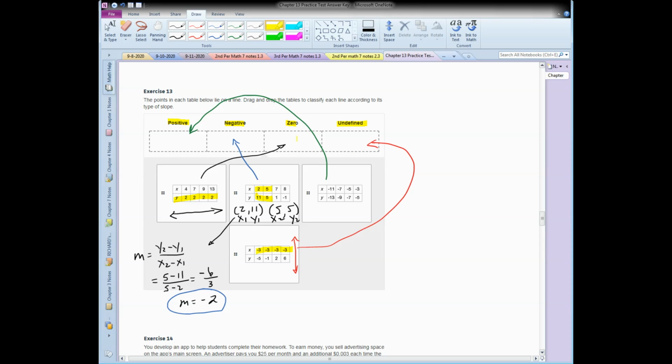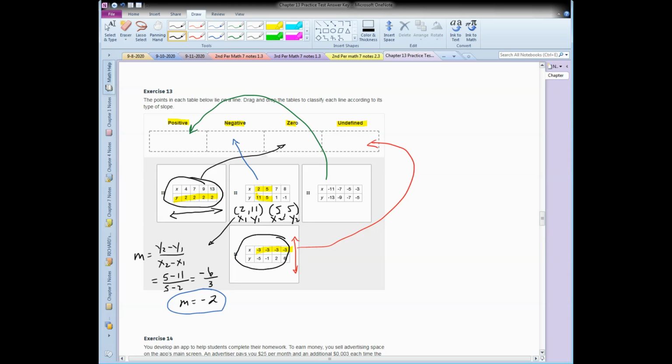So let me find the 0 slope. Well, I know for 0 slope, that means that the y values all have to be the same. So that's why I chose this set of coordinates. For the undefined slope, I know the x coordinates all have to be the same. So I chose that set of points.